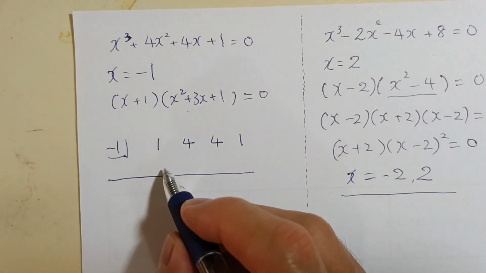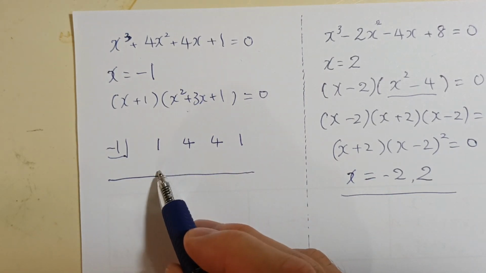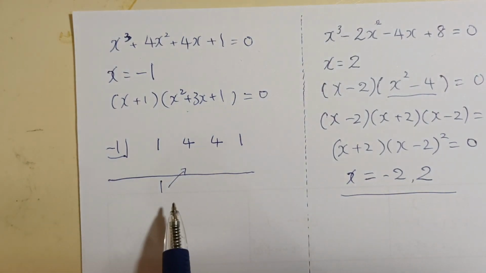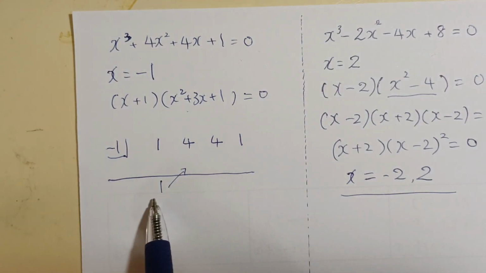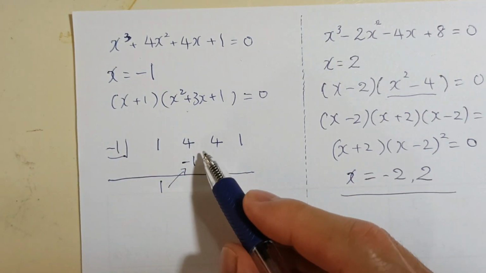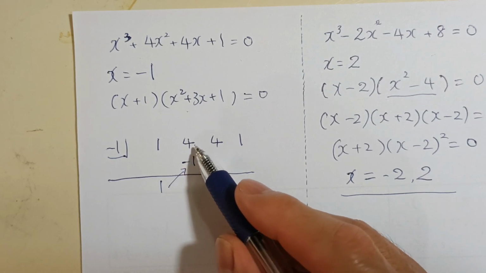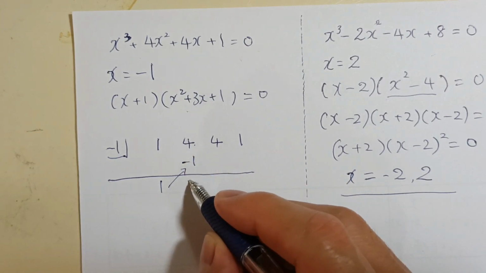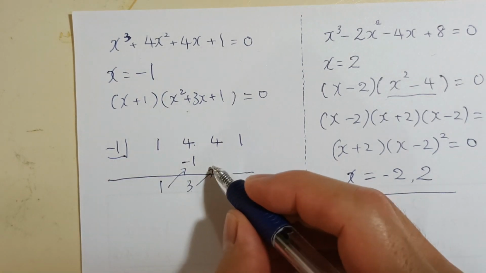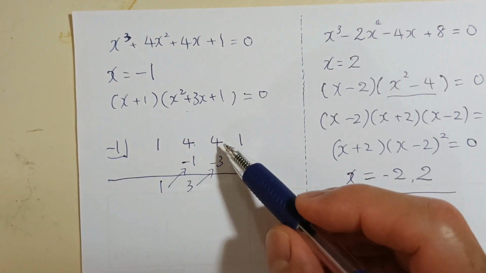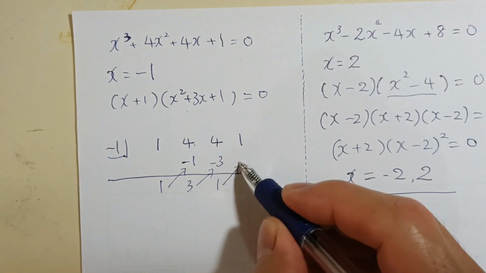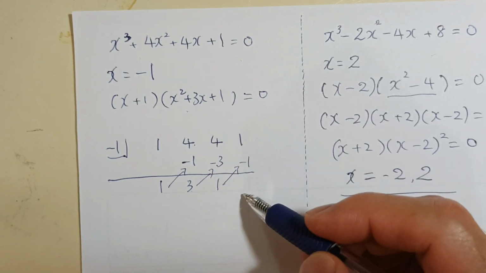When you drop, you add 1 plus nothing is 1, then shift it up, and you do this times by this, which is negative 1, and then drop as 4 take away 1, 4 plus negative 1 is 3, and then when you shift it up, 3 times negative 1 is negative 3. 4 plus negative 3 is 1, and when you shift it up, negative 1, and then cancelled.